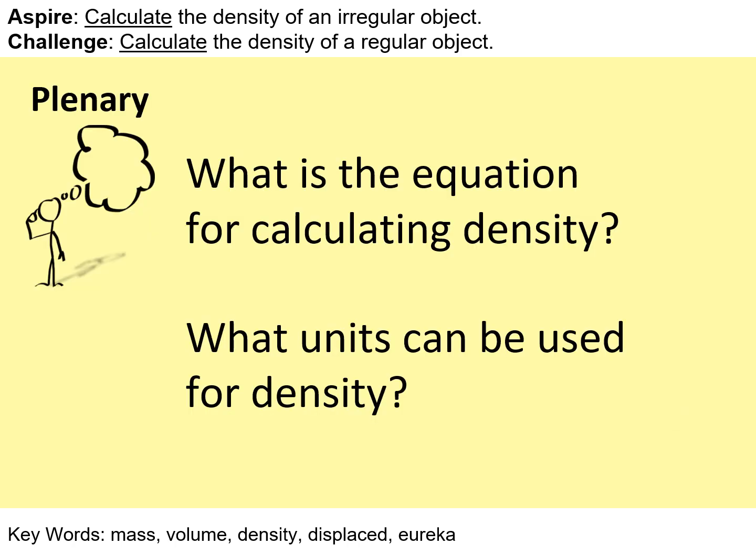Last bit of this lesson, I want you to try to recall the equation for density and what units can be used for density. So what are the units and what is the equation for density? I'll give you 1 minute to write those down super quick.